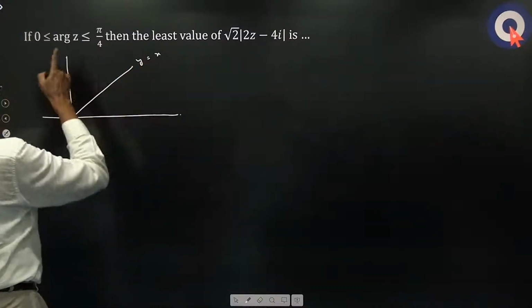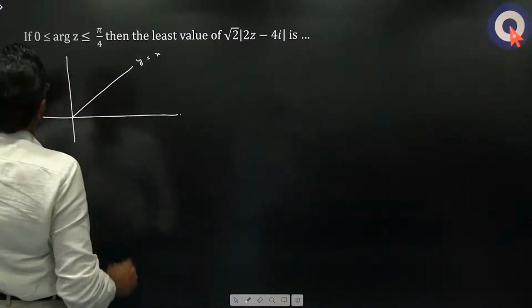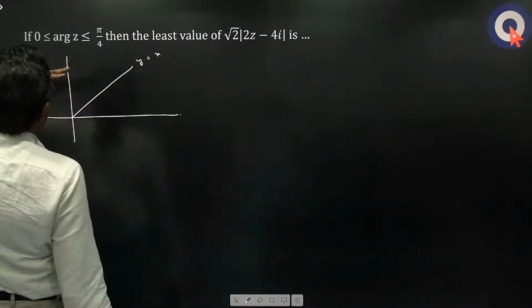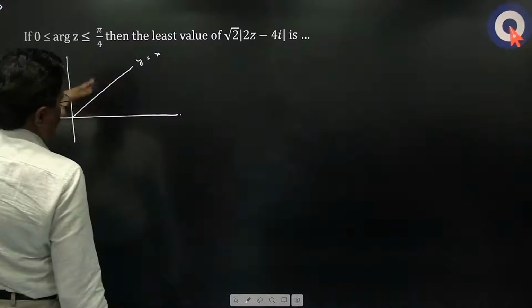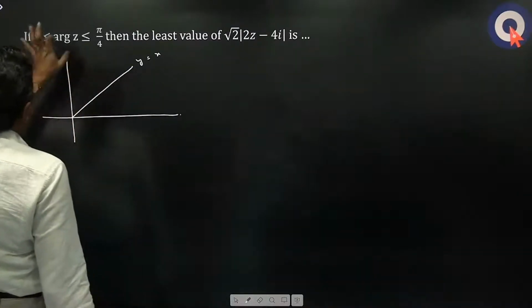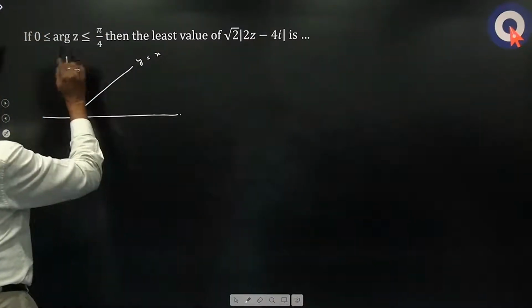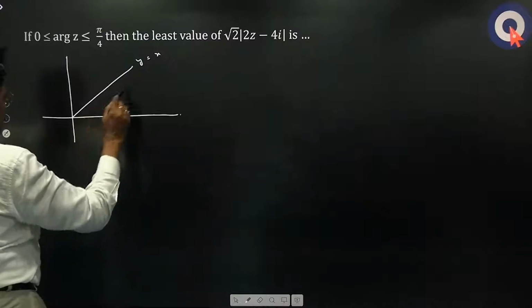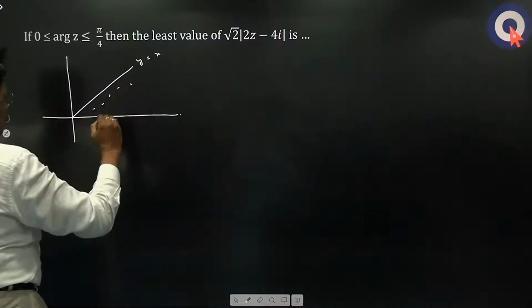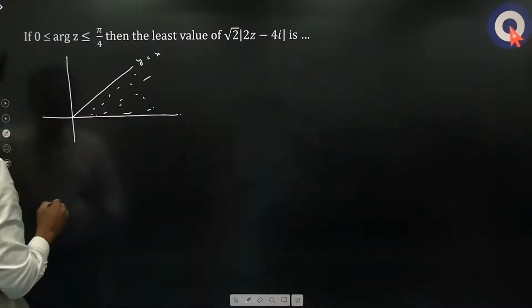Why? Wherever z is, its argument has to be minimum 0, maximum pi by 4. So the slope of the line y is equal to x is 1. So the region in which z lies should be in this entire region, right? So this is how it should be.